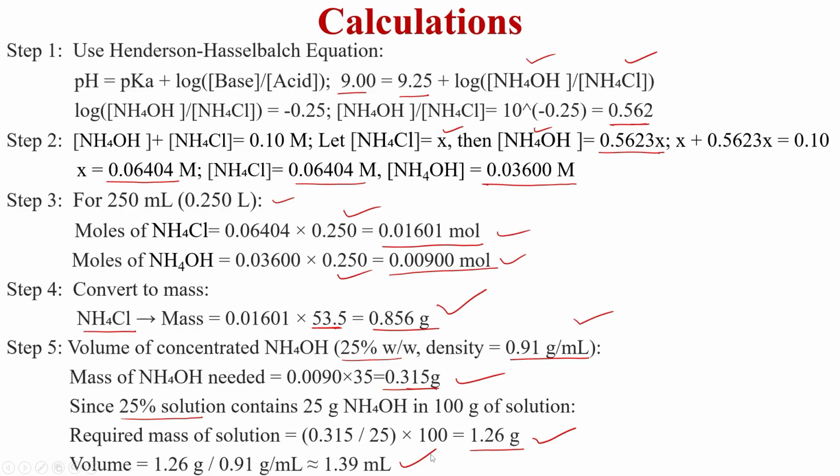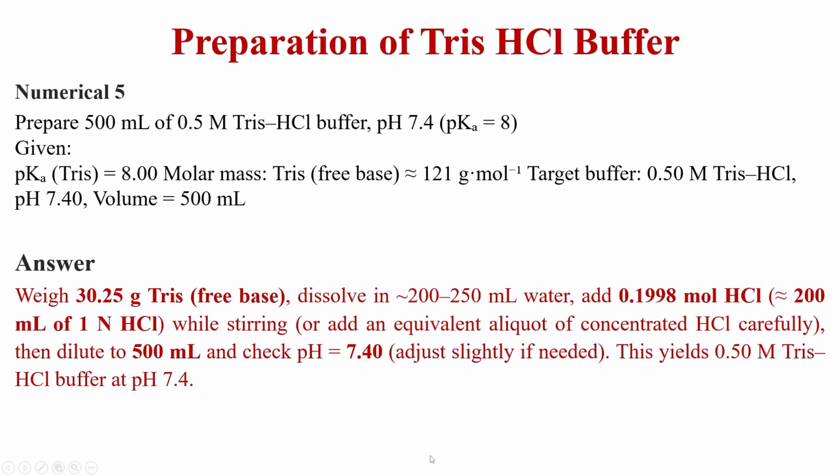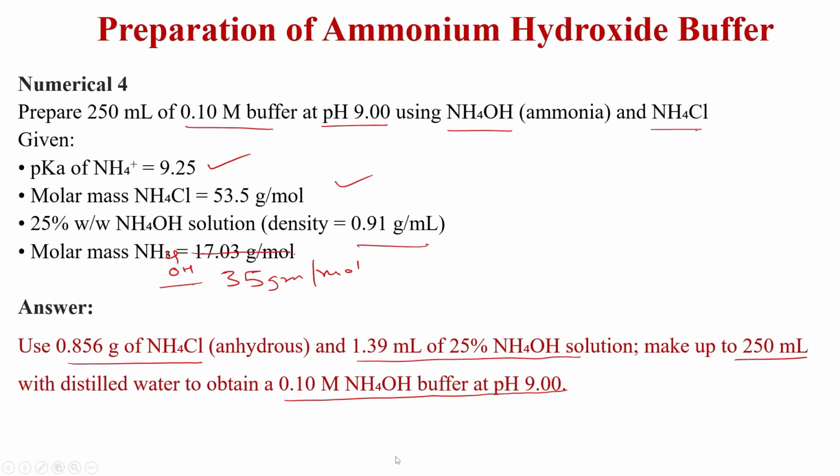So your final answer will be 0.8856 gram of ammonium chloride and 1.39 ml of 25% ammonium hydroxide to be taken, and make up the volume to 250 ml with distilled water to obtain a 0.1 molar ammonium hydroxide buffer at pH 9. In this case also, take the full amount of ammonium chloride and slightly less ammonium hydroxide.